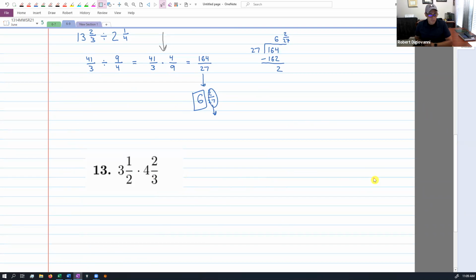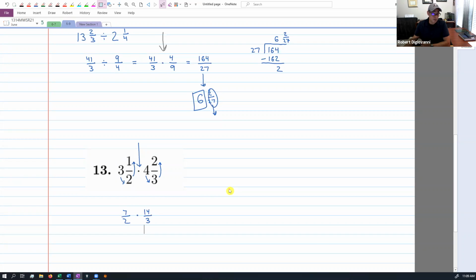Okay, so we have multiplication of 2 fractions. And again, I think the best thing to do here would be to convert it over to improper fractions. So to convert 3 and 1/2, we go 3 times 2, which is 6, and we add the 1, that gives us 7 over 2. And we multiply that by the same thing, 4 times 3 is 12, add the 2, we get 14 over 3. And then we can just multiply straight across.